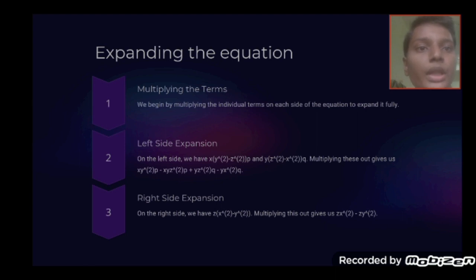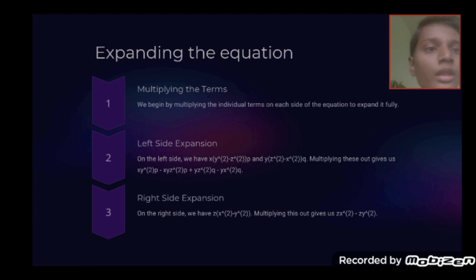Expanding the equation, multiplying the terms. We begin by multiplying the individual terms on each side of the equation to expand it fully. Left side of the expansion: on the left side we have x(y² − z²)p and y(z² − x²)q.